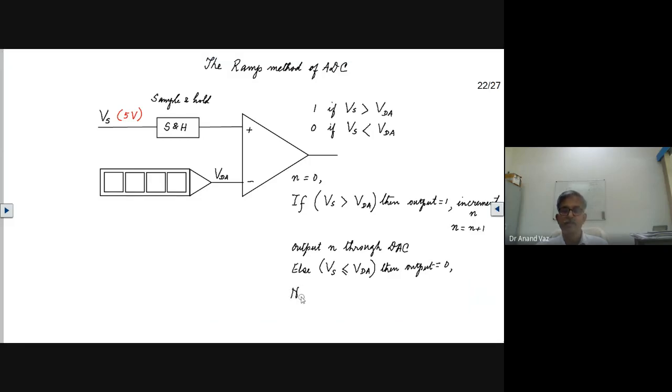The number of digits obtained after the ADC conversion is equal to N. So we went on incrementing, and when the output is 0, the conversion is complete.